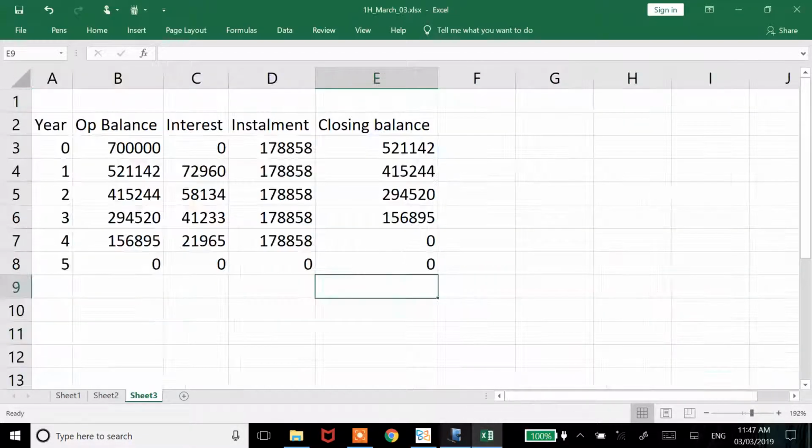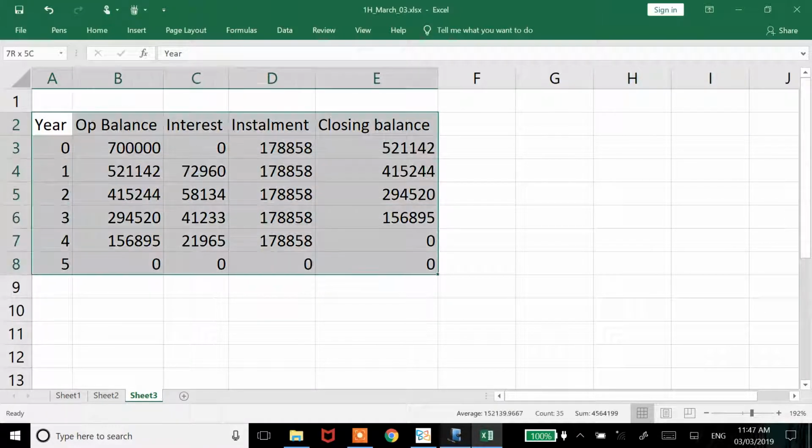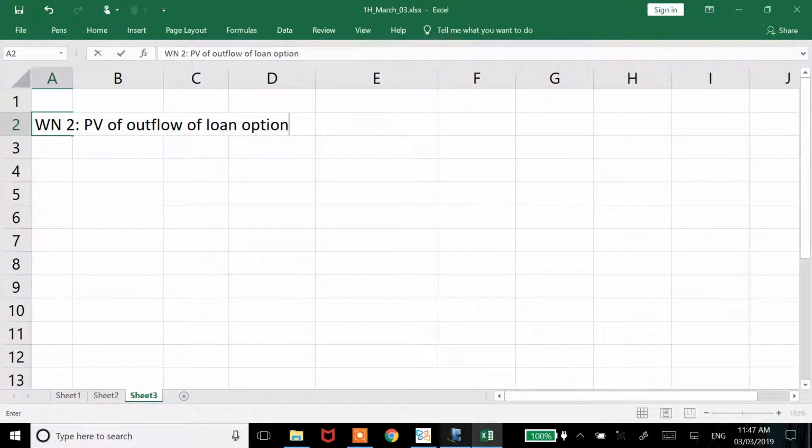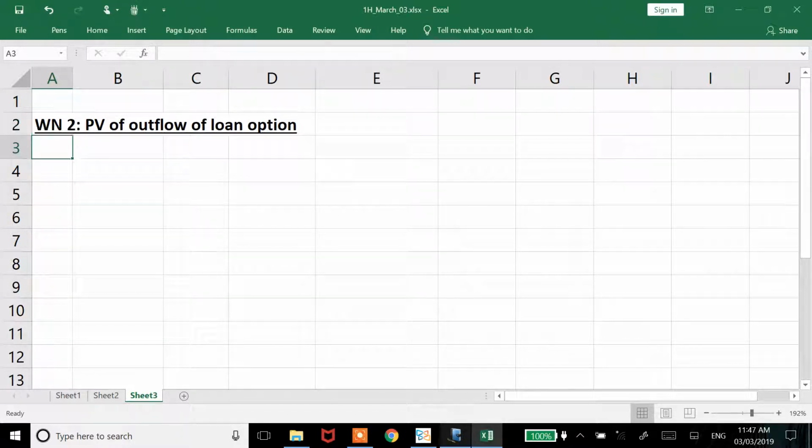So loan amortization table is something which is mandatory in case you have to calculate interest and principal or interest and installment. Any doubts on this? Clear? Okay. Next, working note 2. Present value of outflow of loan option.